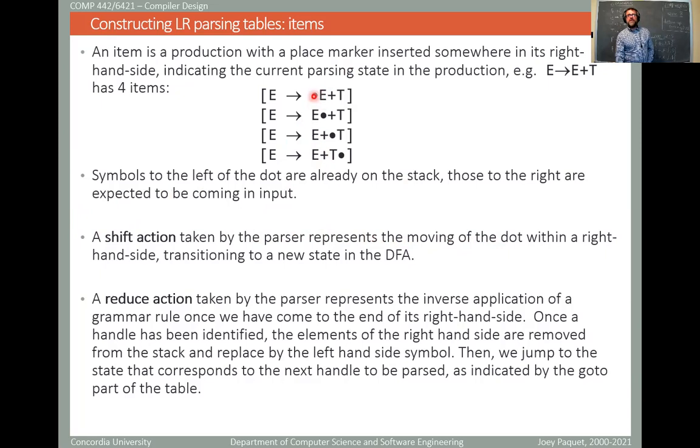Going from here to here would mean that you have successfully parsed an E. If you go from here to here, you would have successfully parsed a plus. From here to here, you would have successfully parsed a T. So the transitions between states are about having successfully parsed a particular symbol, non-terminal or terminal.